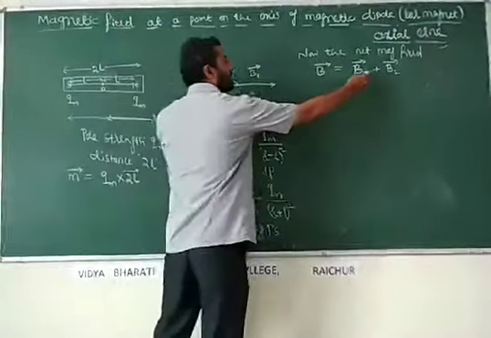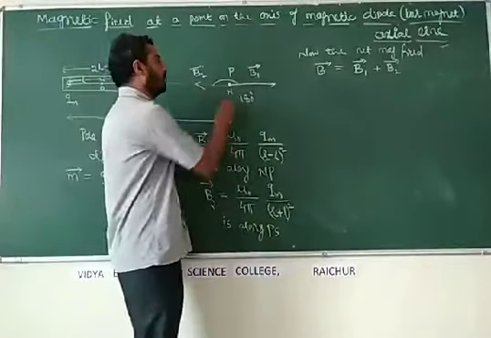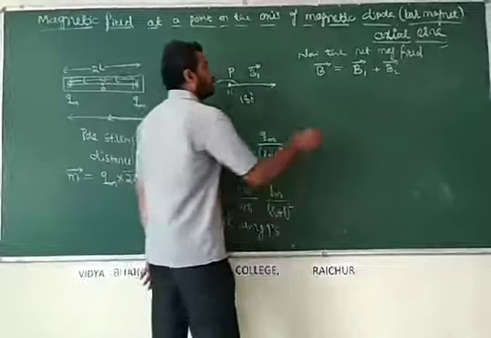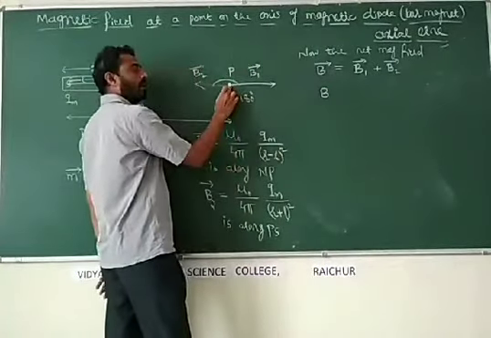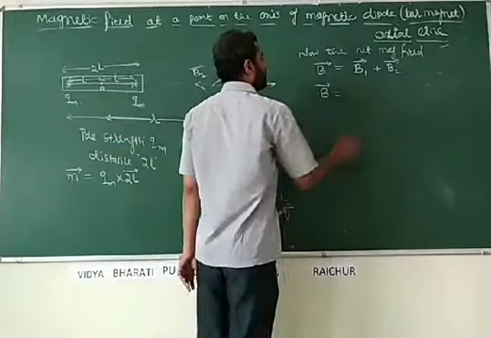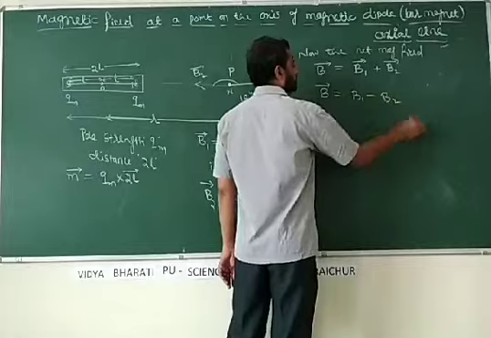I have written symbolically a vector sum to get the resultant vector, but actually the angle between these two vectors is 180 degrees. That's why the resultant magnetic field at a point P due to two poles of the bar magnet, B, is equal to B1 minus B2.